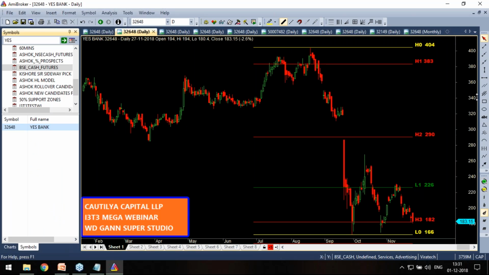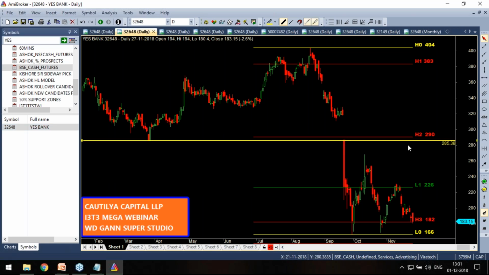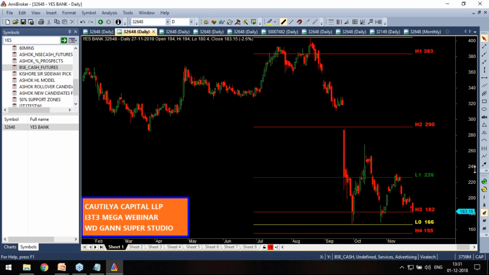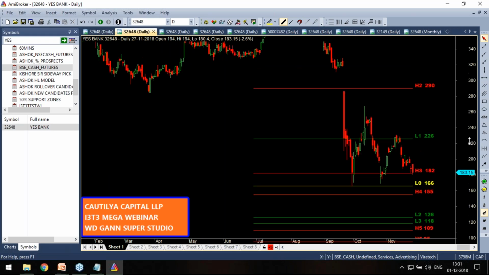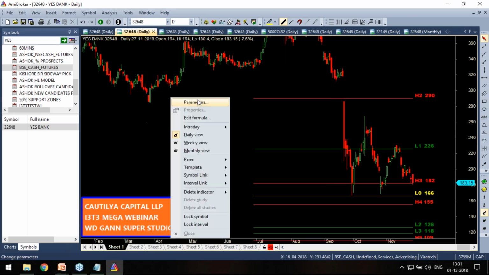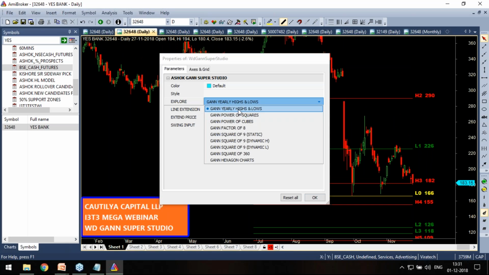Price exactly gapped up, gapped down here, close to the high of 2 years ago. What is there below? No conjunctions anywhere. Let me see the GANN.